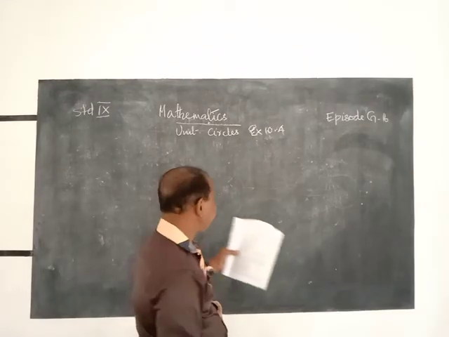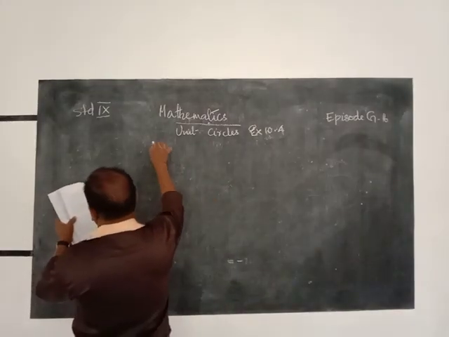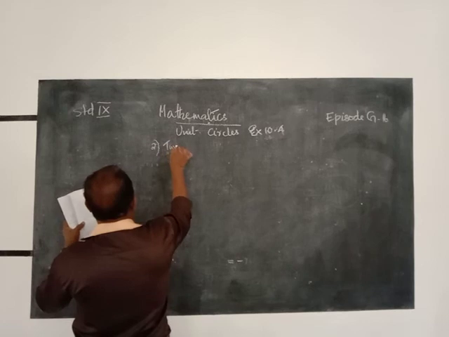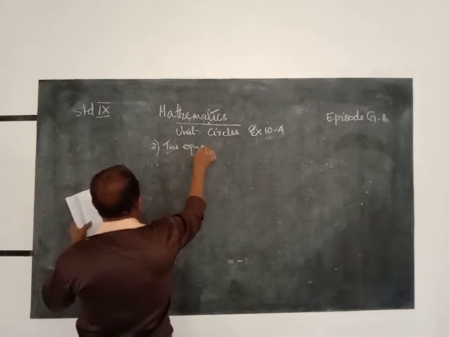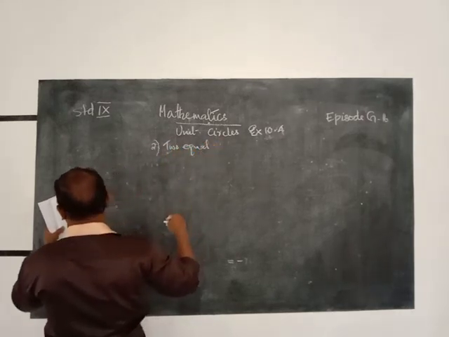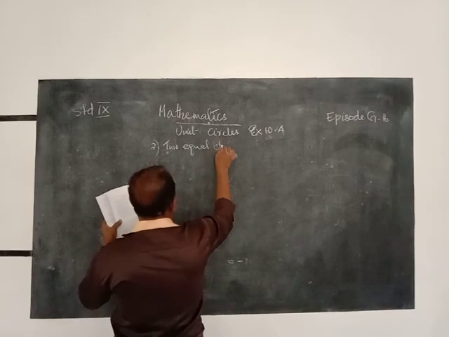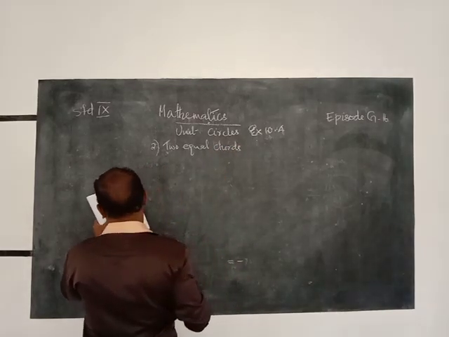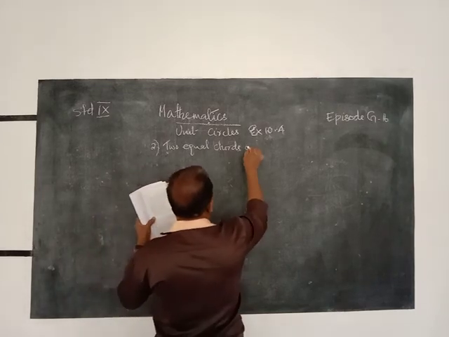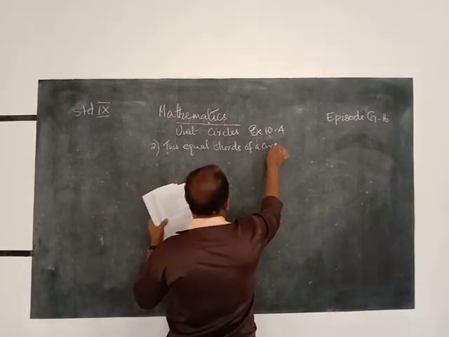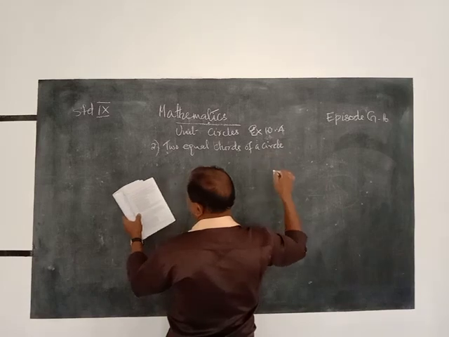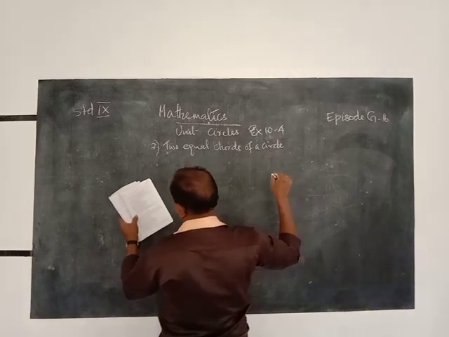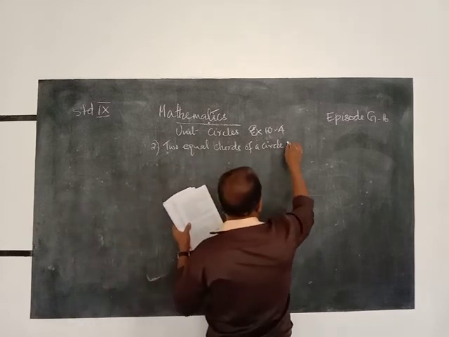Question number 2. Two equal chords of a circle intersect.